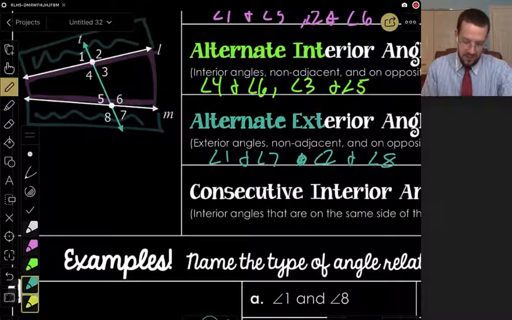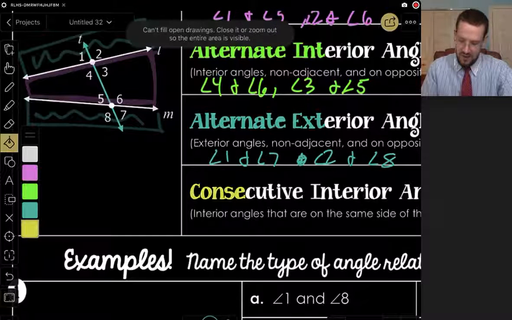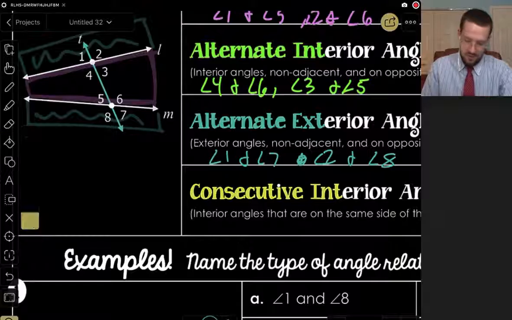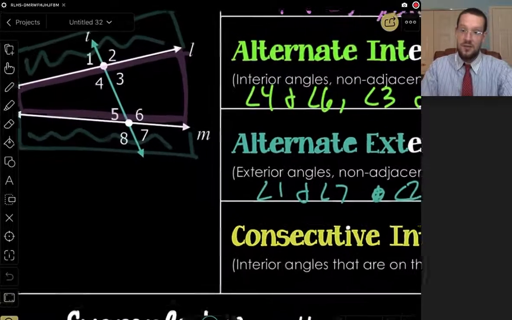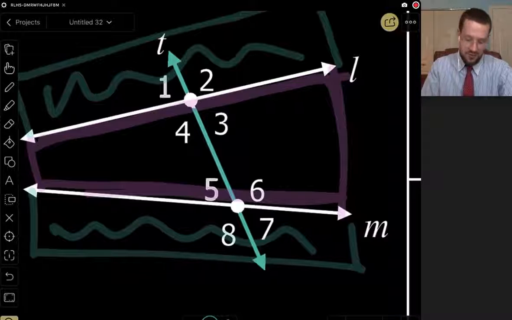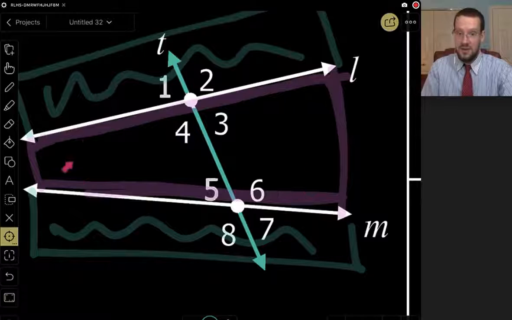And now finally we have what are called consecutive interior angles. These are angles that are on the same side of the transversal, and they are also on the interior. So here we have interior, the cotton candy part of the sandwich. This is the interior of the sandwich, and then they're consecutive.